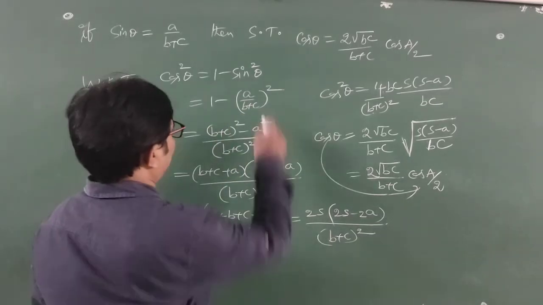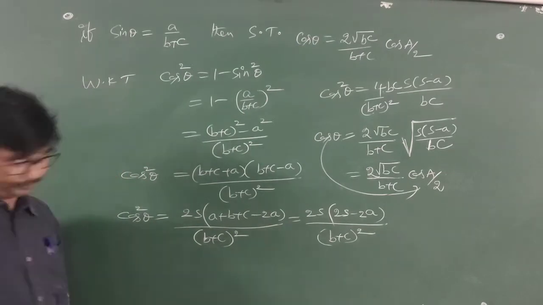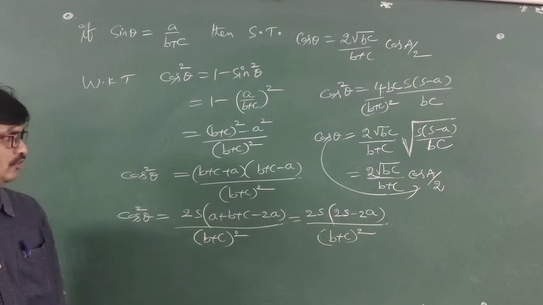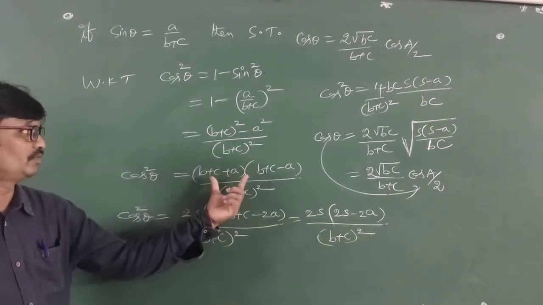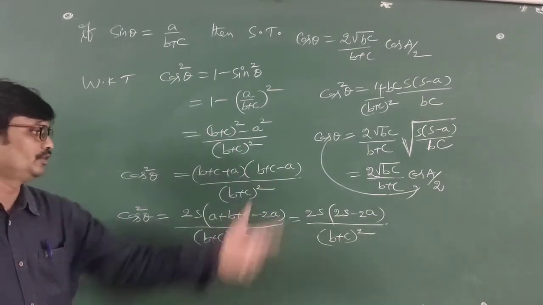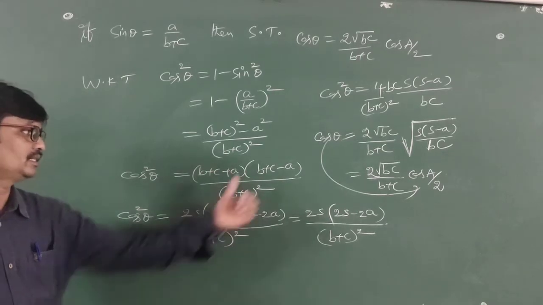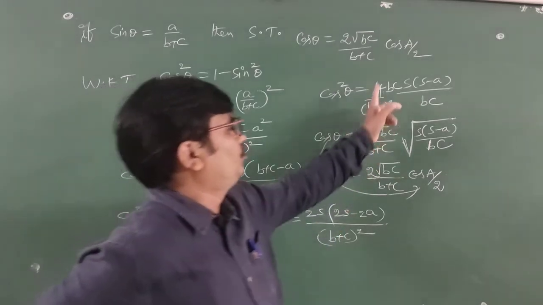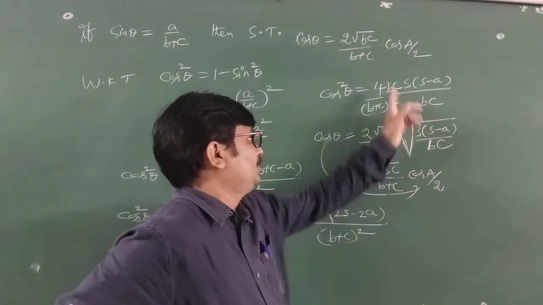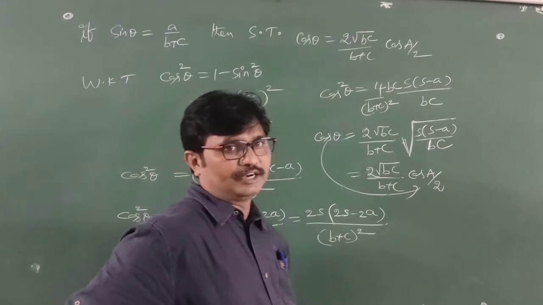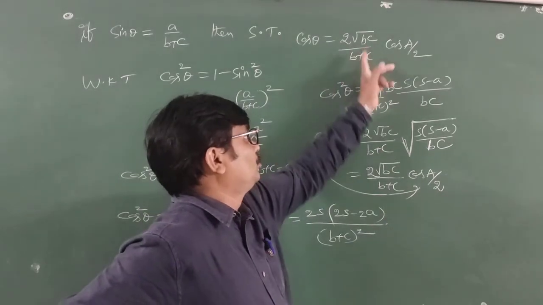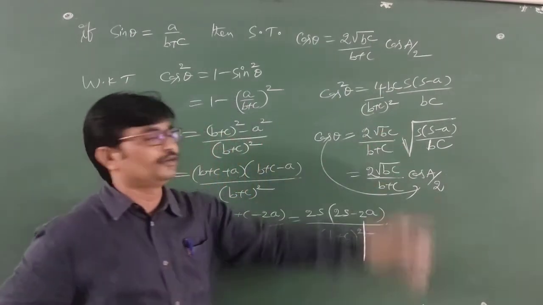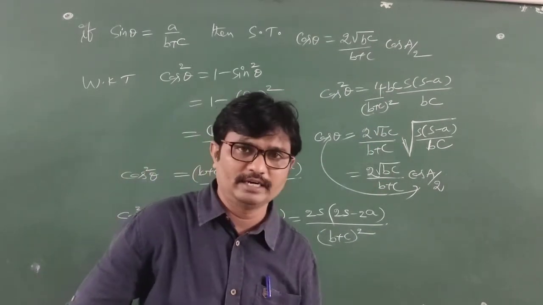This is a square by b plus c whole square. Now the LCM is b plus c whole square minus a square by b plus c whole square. This is compared with x square minus y square, x plus y into x minus y. This is 2s, this is 2s minus 2a. After that 2 is the common, that is 4. So then also we take bc by bc. Square is sent to the other side. Then we got 2 into root of bc by b plus c into cos of a by 2. Okay students.